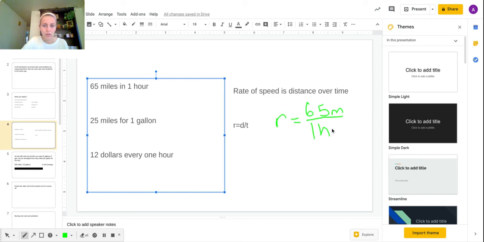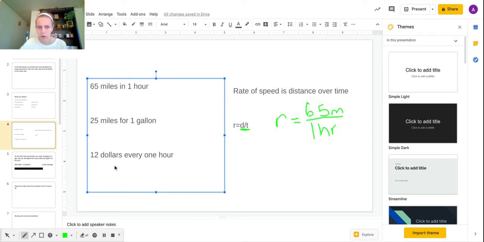So really, when you say 65 miles per hour, this bar line here and this slash over here are both doing the same thing. When you're reading different rates, you usually say something per hour or something per day or per gallon, etc. So this bar means per: 65 miles per hour.